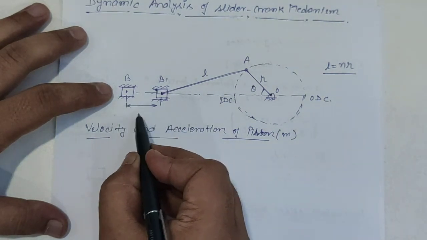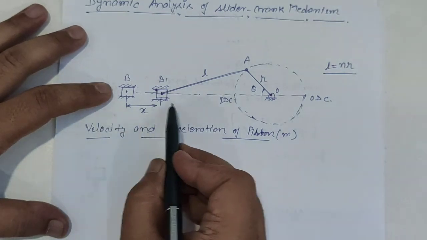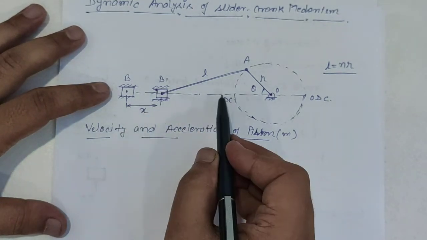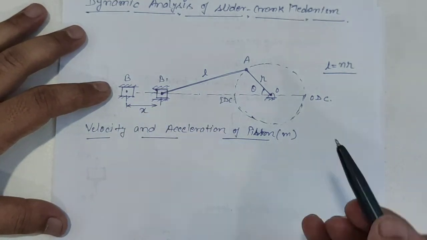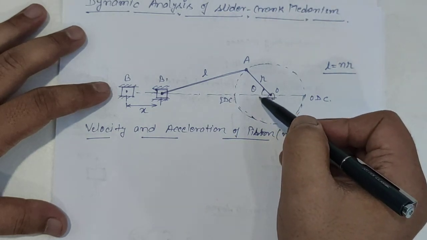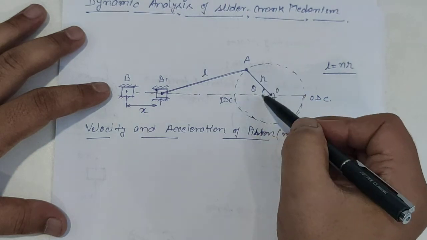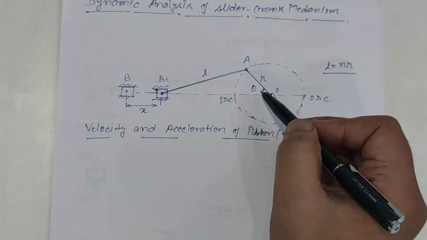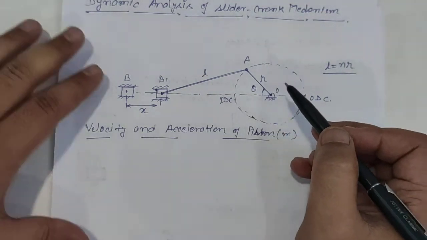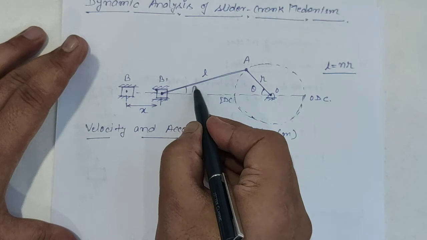Let's say the distance traveled by the piston is x during time t, when the crank is rotating from IDC to location A by an angle of theta. So x is the displacement of the piston, and this angle we are considering as beta.